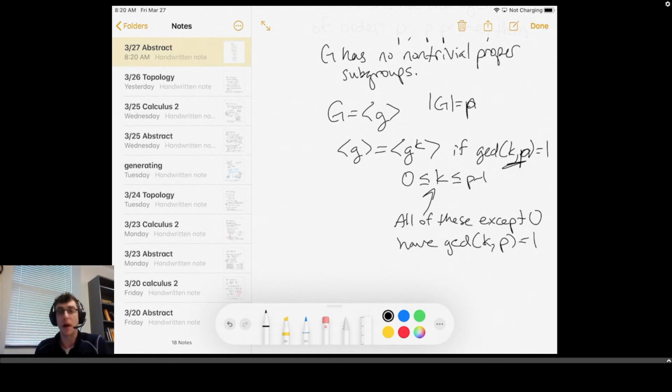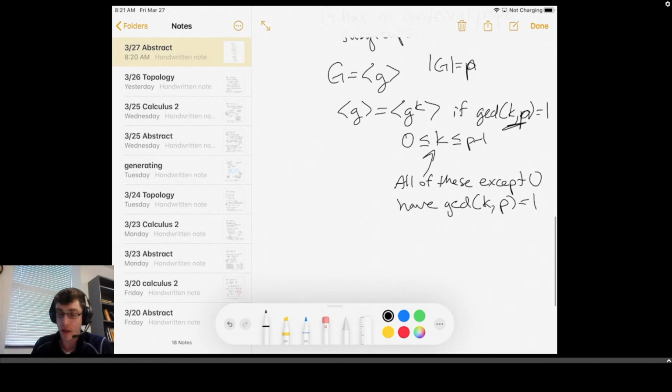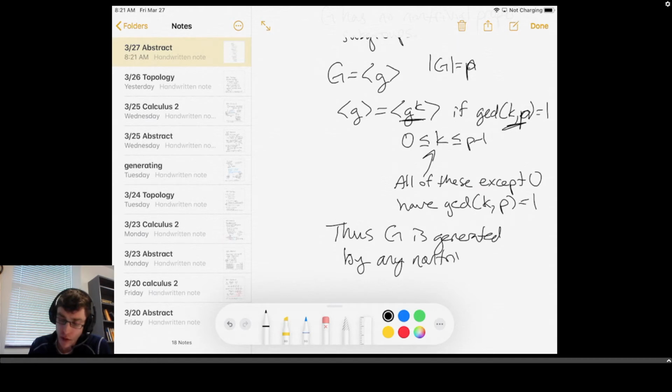I mean, that's what it means to be prime, right? The only things that divide P are 1 and P. And so any of these things in between are not P because they're smaller, and so the biggest thing that they share is 1 as a divisor. And so this means that it's generated by every non-trivial element. Thus G is generated by any non-trivial element.